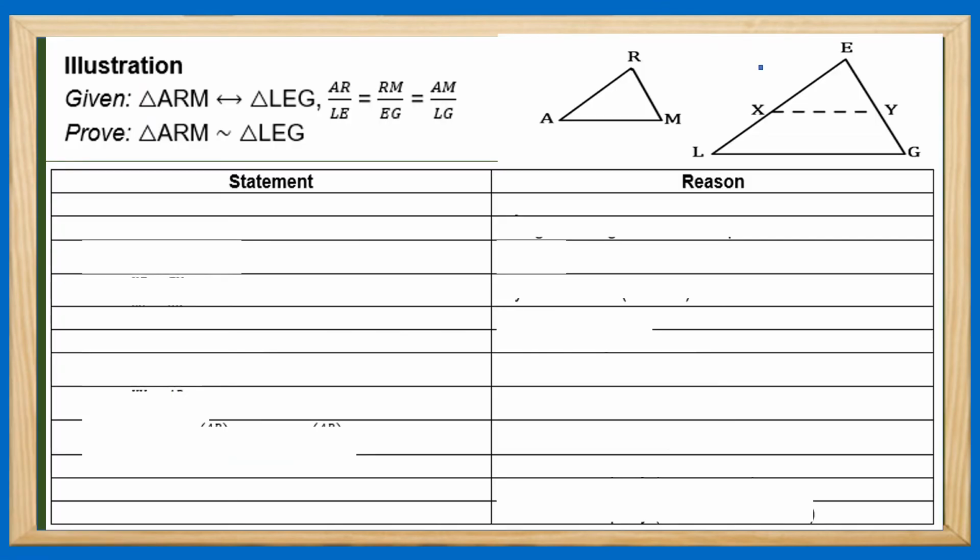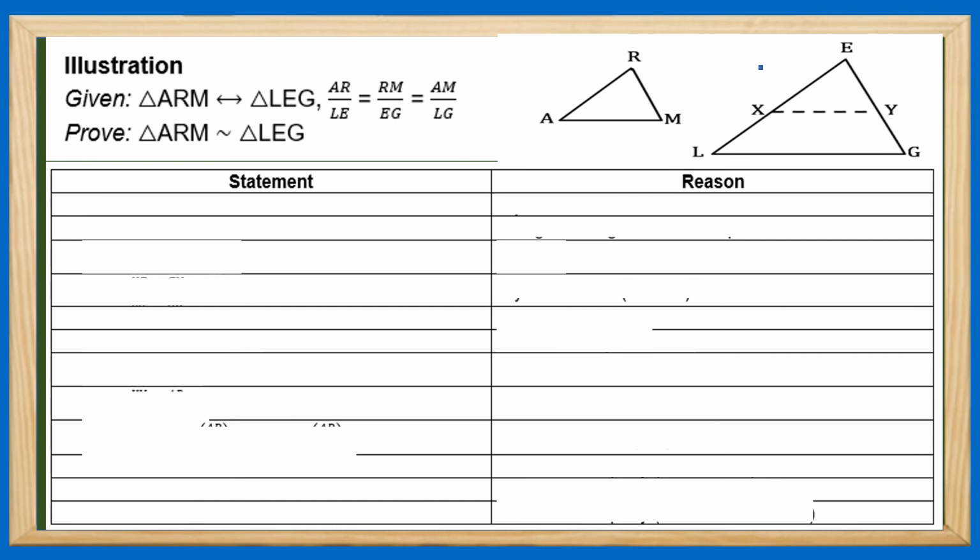Let us have our formal proof of this theorem. In the given, triangle ARM corresponds to triangle LEG, such that their sides are proportional: AR to LE is equal to RM to EG and is equal to AM to LG.